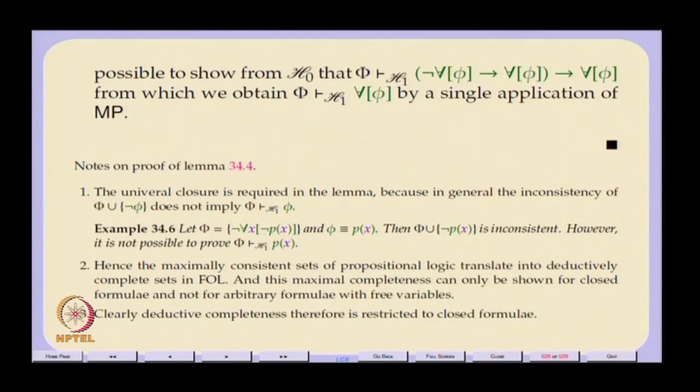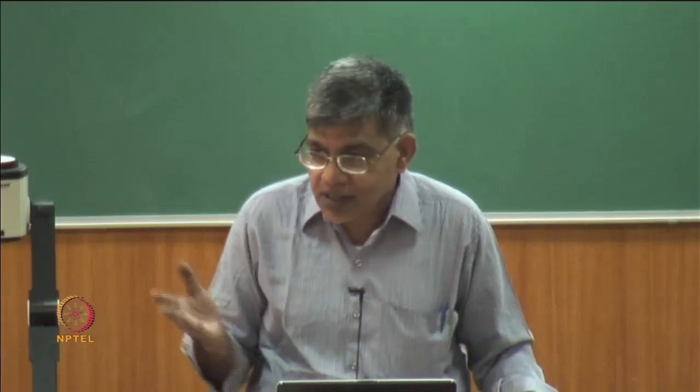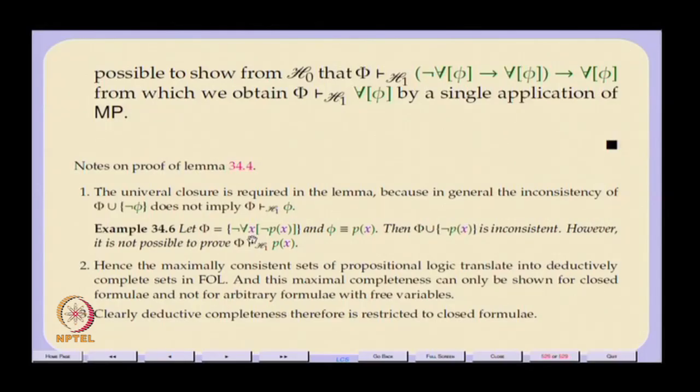Is that clear? I mean, there is a lot of negation going on, but this is essentially equivalent to saying that there exists an x such that p of x is true. And saying there exists an x such that p of x is true and not p of x, that is inconsistent, because I can find some model which under any valuation will actually be inconsistent.